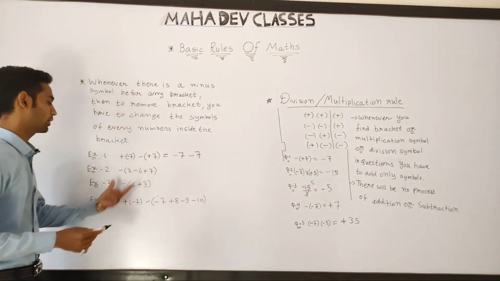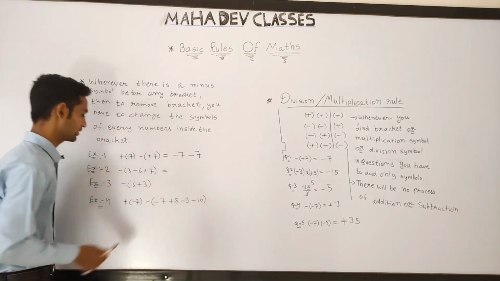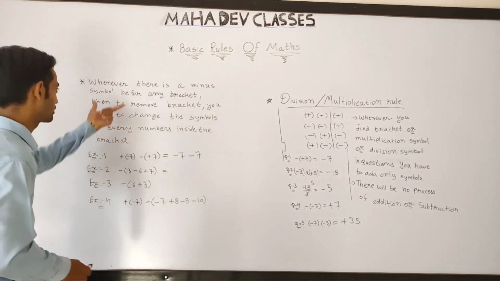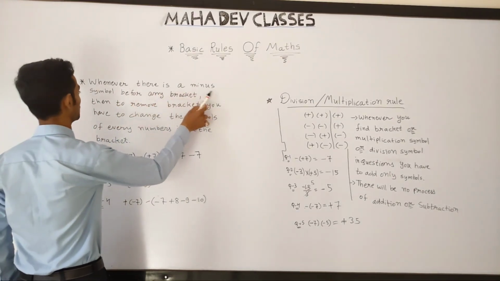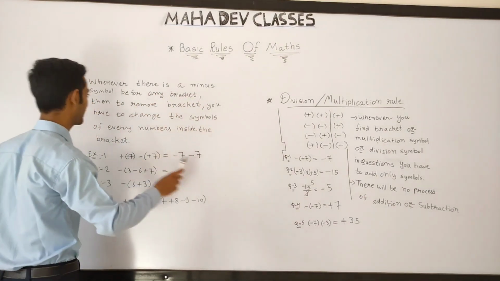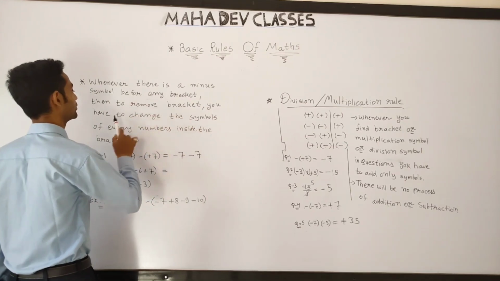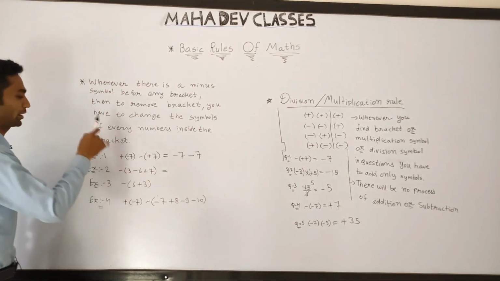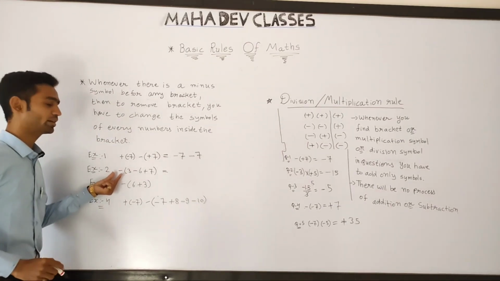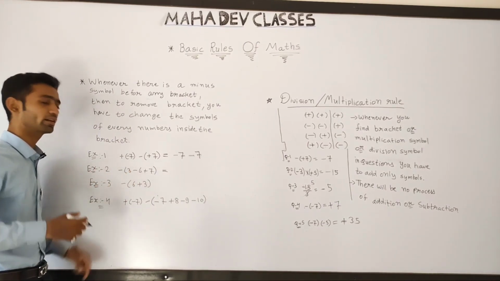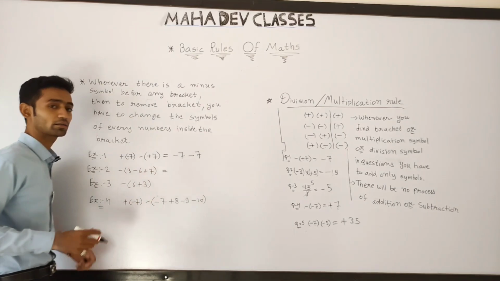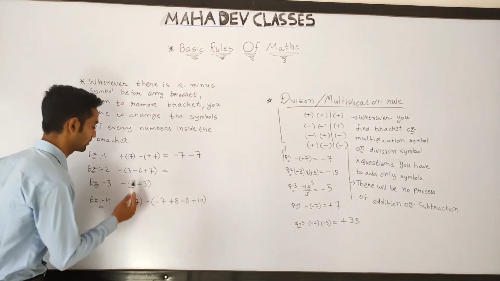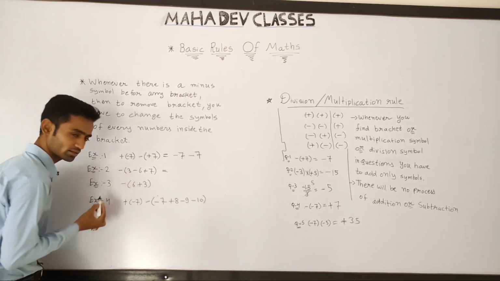Okay, now another one. Here you can see that before the bracket there is a minus symbol, and our rule says that whenever there is a minus symbol before any bracket, then to remove the bracket you have to change the symbol of every number inside the bracket. See, this 3 has a plus sign.